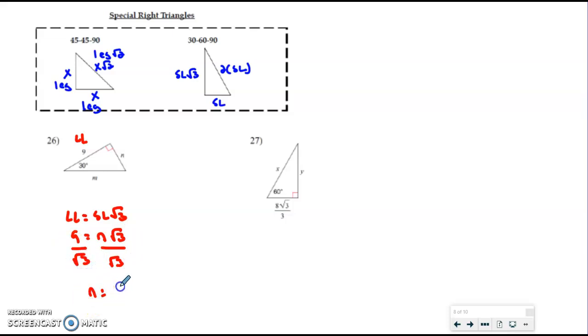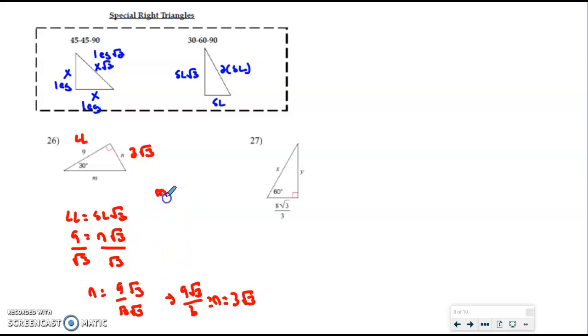So I end up with 9 divided by the square root of 3. So I'm going to multiply both the top and the bottom by square root of 3. So I get 9 square root of 3. Square root of 3 times the square root of 3 is 3. So what do I get n to be? I get n to be 3 square root of 3.